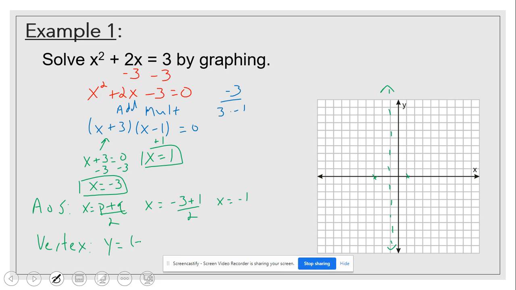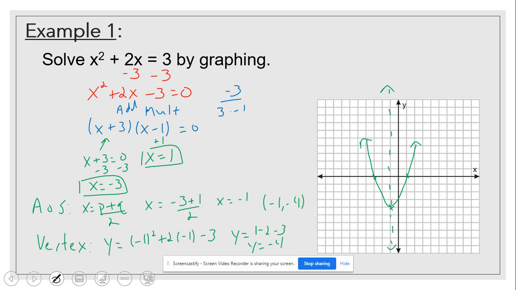So y equals negative 1 squared plus 2 times negative 1 minus 3. If I do that math out, 1 minus 2 minus 3, my y value is negative 4. So I know I have a vertex at negative 1 comma negative 4, which would be right there. Go ahead and graph that, and there's your graph.